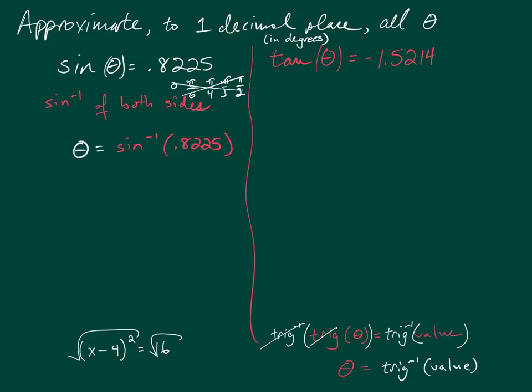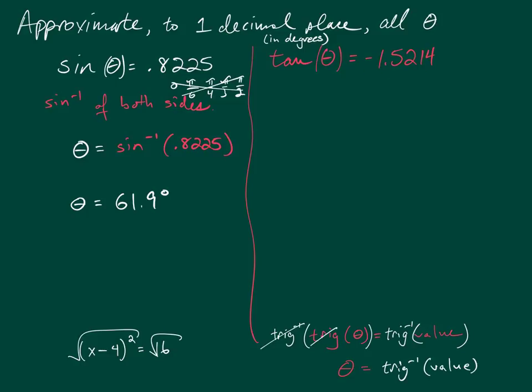So at this point, you will want to type this into a calculator. And after you type it in a calculator, you'll see that theta is 61.9 degrees. And you'll want to make sure here, I have this little reminder in parentheses that your calculator is in degree mode.